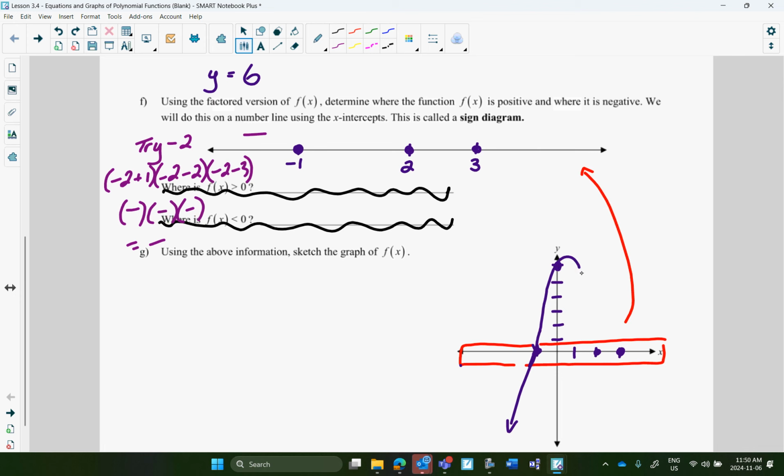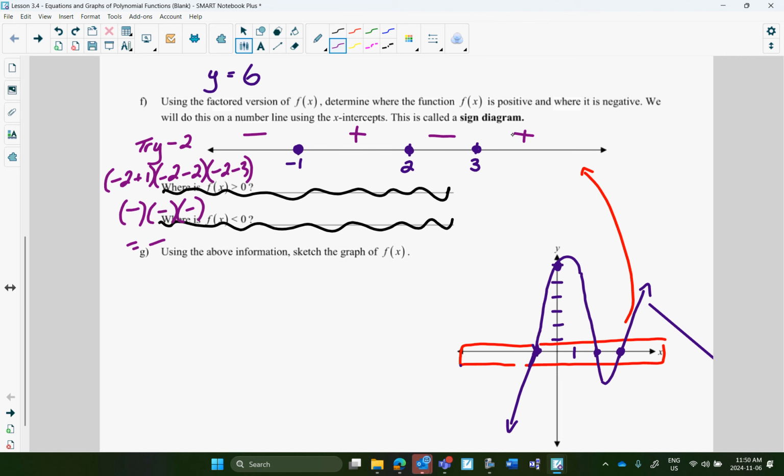But then it's got to turn back down and head towards the next one. So it comes back down, hits the next one, and doesn't it continue to go through? And then it's got to curl back up and go through that. So notice I went from below to above, to below, to above.